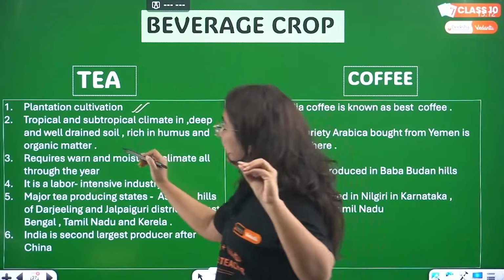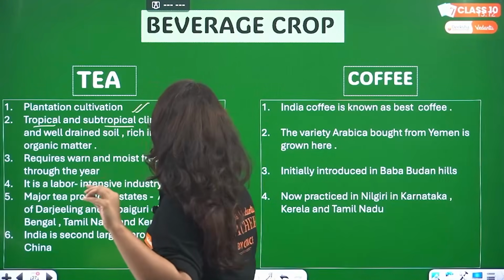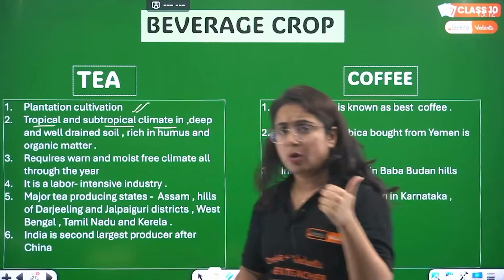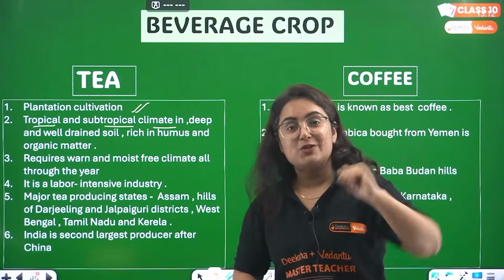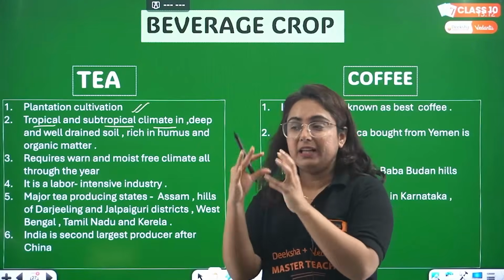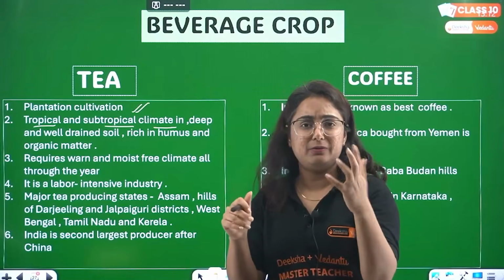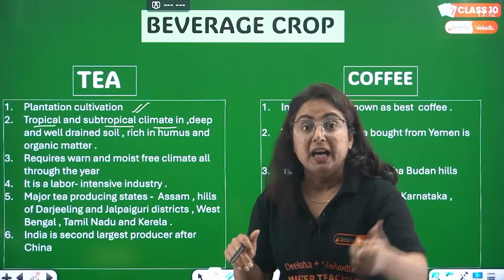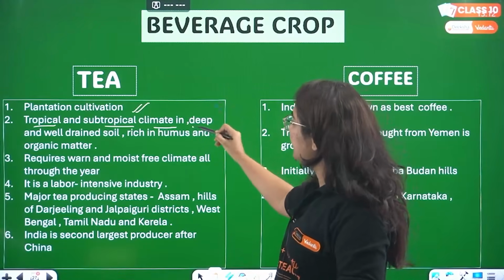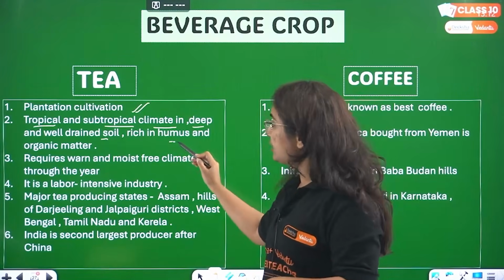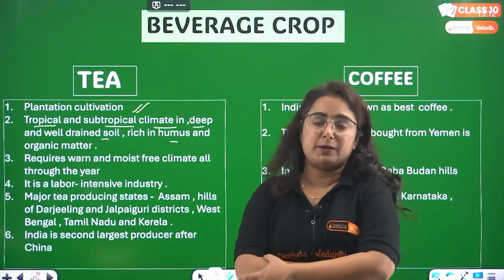It is grown mainly in tropical and subtropical climate, like sugarcane was. So when you find this word in the chapter in some place, revise it. Tropical and subtropical climate, deep and well drained soil, rich in humus and organic matter.